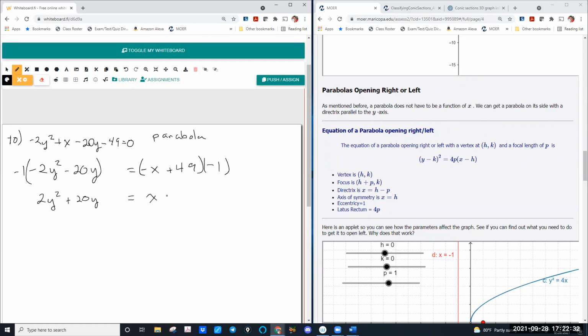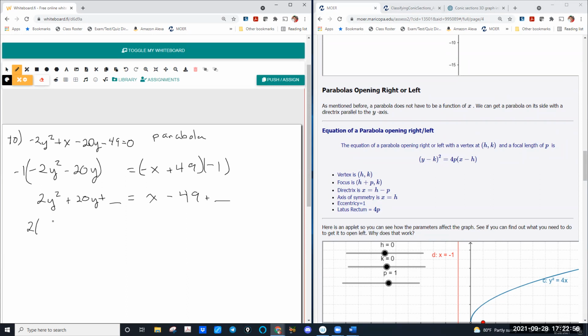equals x minus 49. We're going to be doing completing the square, which means we're going to have to add something over here, and to compensate for that, we'll add something over here. Don't worry about what it is yet; I'm going to show you a way of coming up with that number very easily. When doing completing the square, you always want a 1 for your coefficient on y squared.